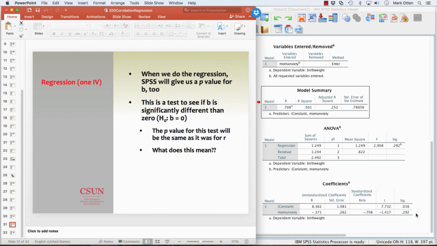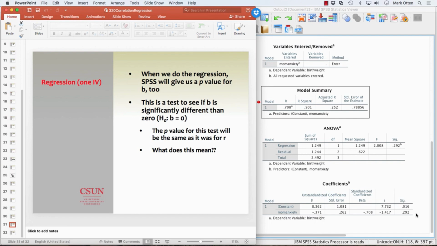In the end, we're not really concluding anything new about this data because we already said the exact same thing for the correlation between mother's anxiety and birth weight. So the numbers don't change. The p-value is the same whether you do a correlation test or a regression test. So the regression test here is kind of like, we didn't really do anything new.